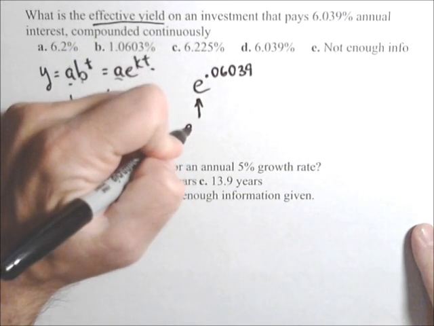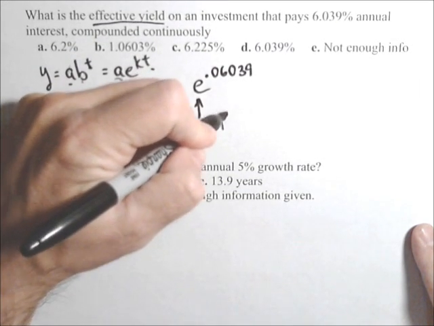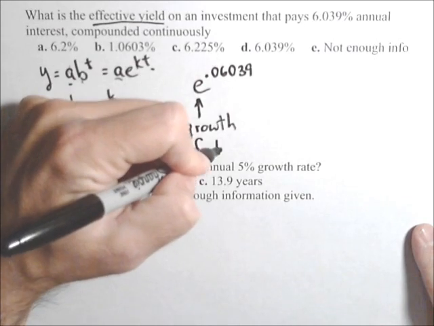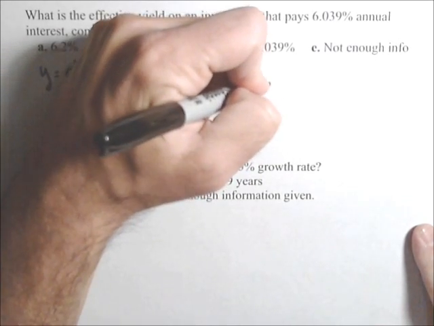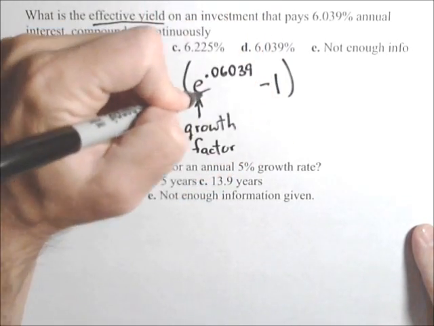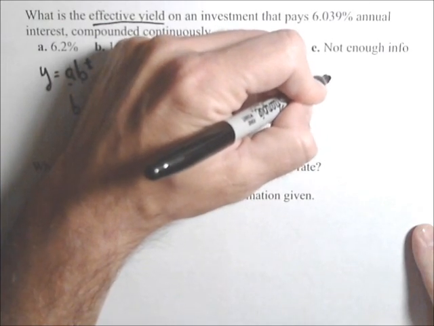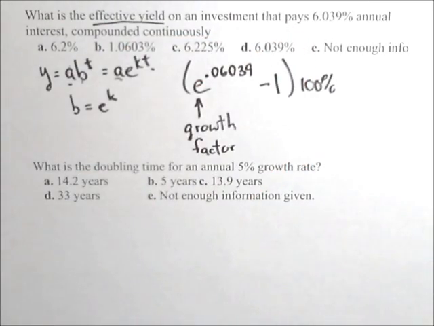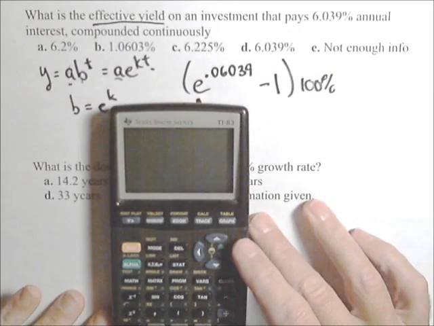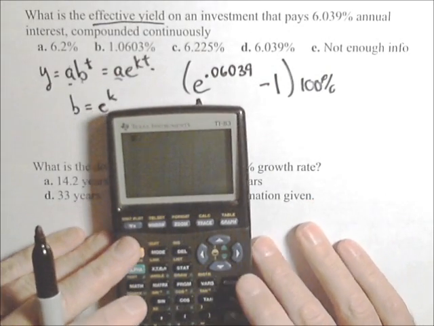That's huge because to turn a growth factor into a rate, all we have to do is subtract 1 and multiply by 100%, and we will have our answer. And we can put it in exactly how we have it written there.